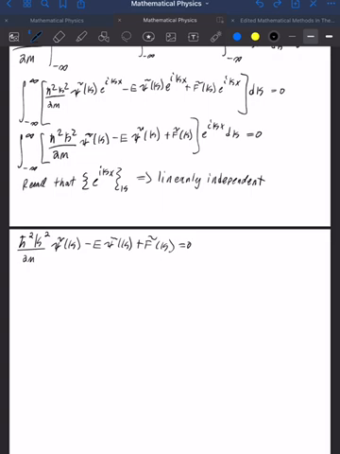Notice that we can move the f tilde of k over to the right-hand side.